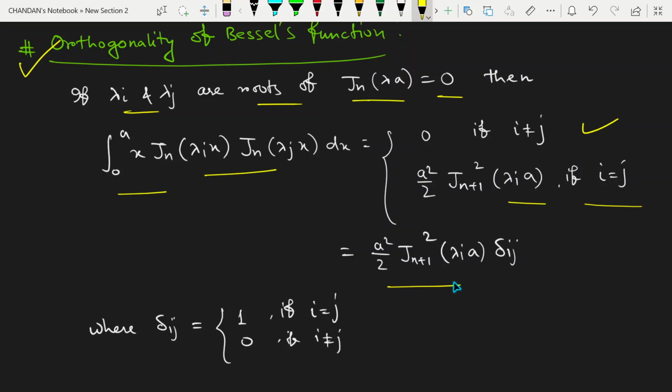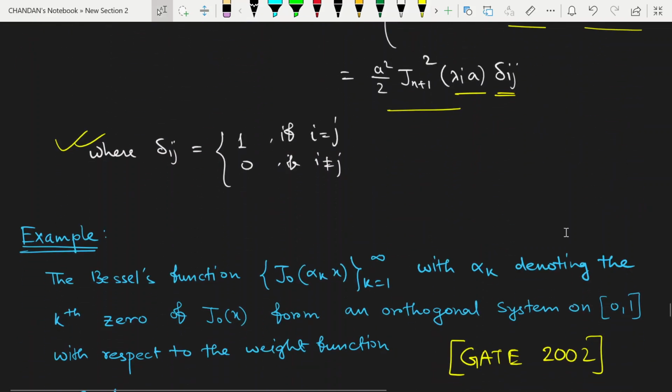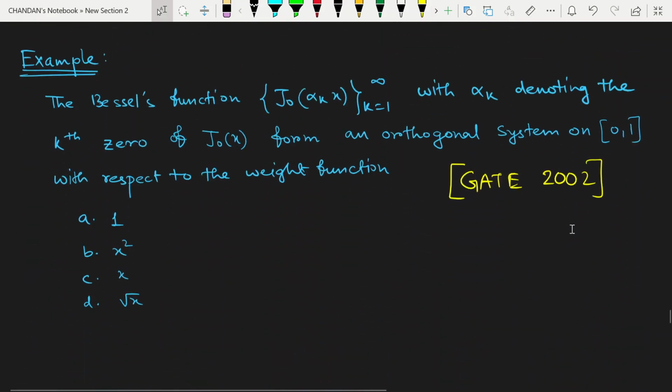This can be written as a single function, a²/2 J_{n+1}²(λ_i a) into δ_ij, where δ_ij, we all know, is the Kronecker delta function, defined by this. Okay, so this is a very small class, and now we take some examples regarding today's class.